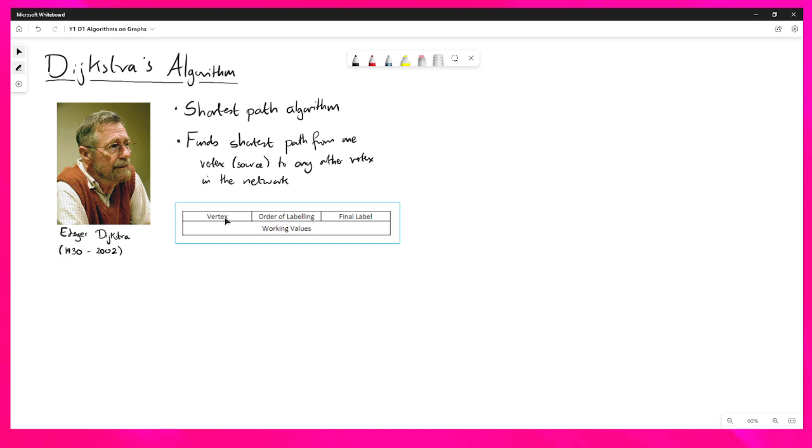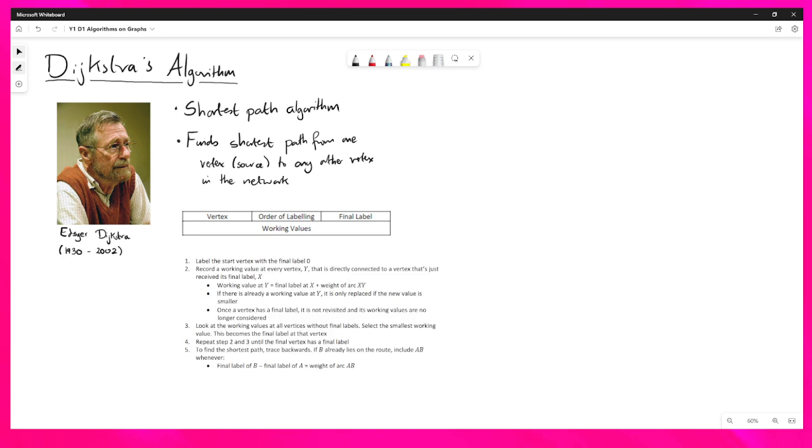So in the vertex box here, we will write the name of the vertex, typically a letter. In this middle box, we will put the order that we choose the vertex in. In this large lower box, we're going to put weights of paths to get to that vertex, and then once we have found the shortest weight to that vertex, we will put in the final label there.